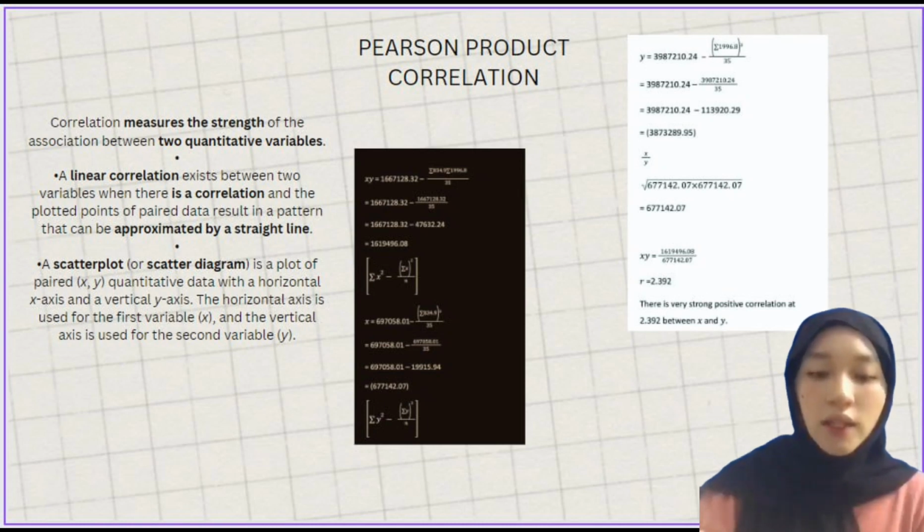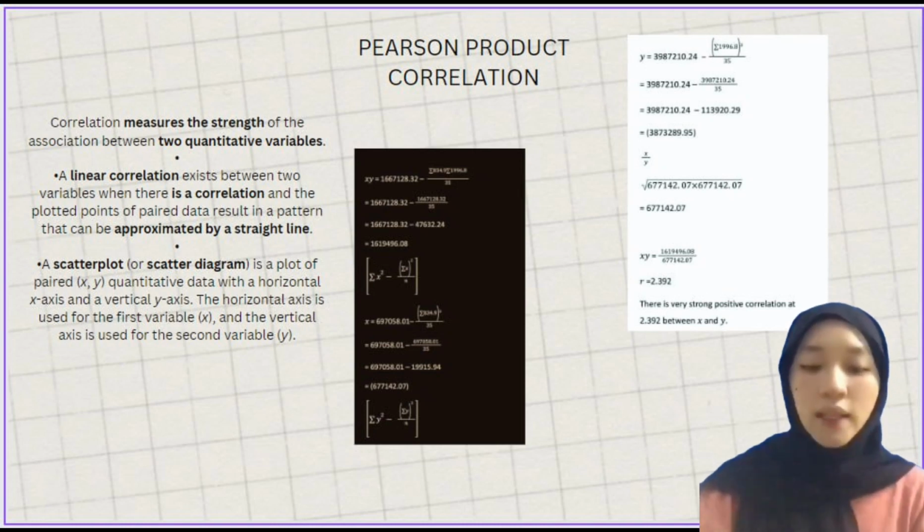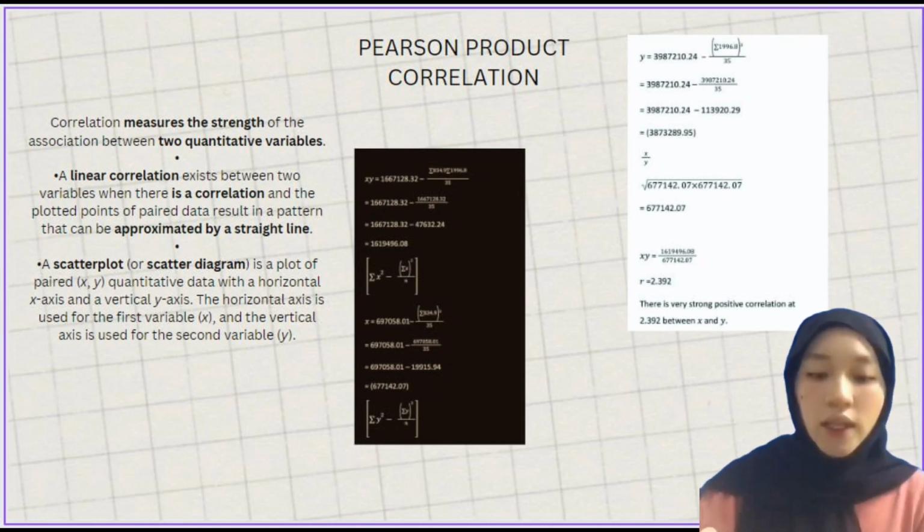Syy: 3687210.24 minus 3687210.24 divided by 35, which is 3987210.24 minus 11392.09. Answer: 3873289.95.